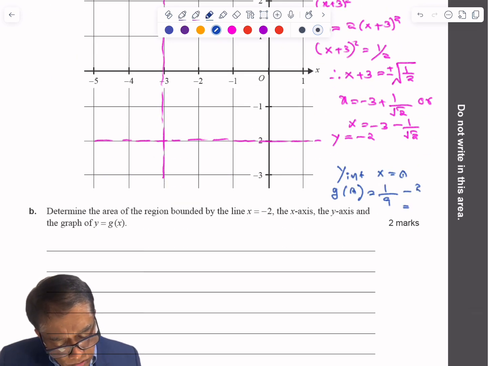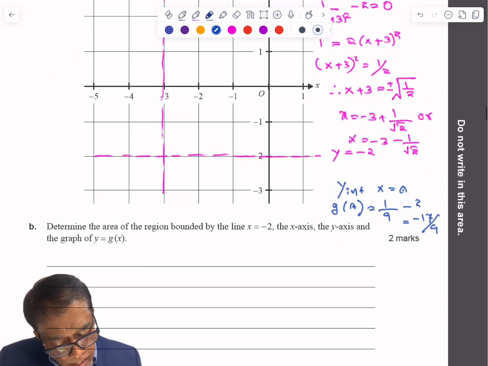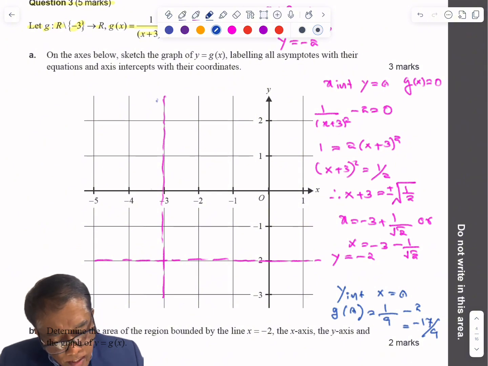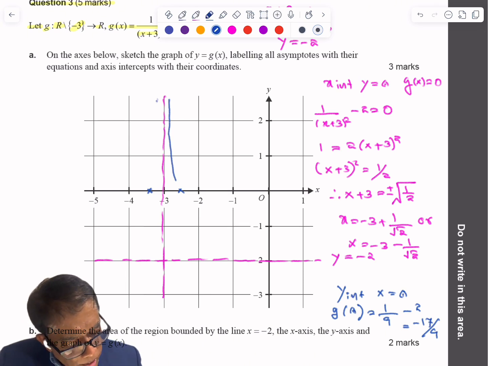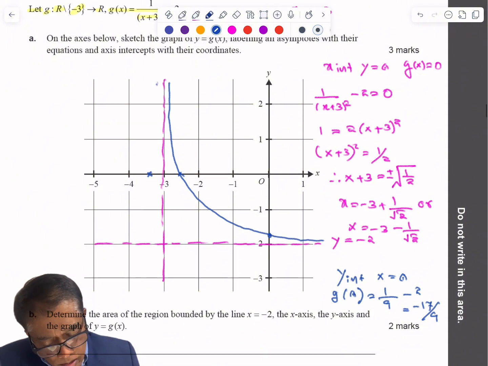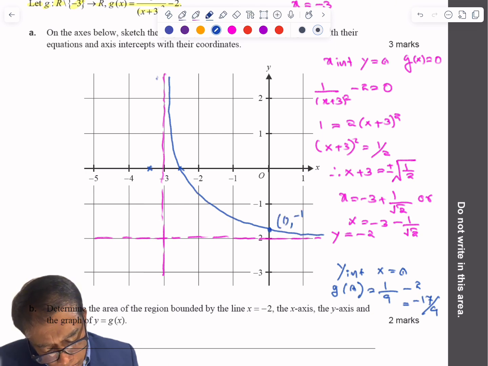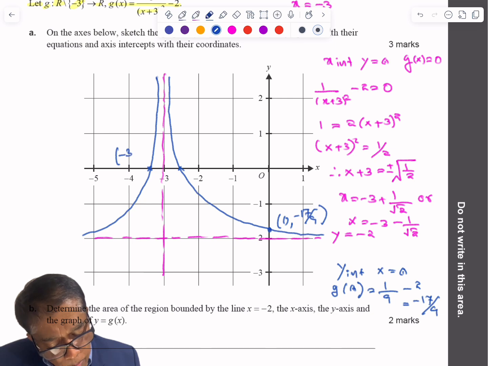So the y-intercept is (0, negative 17 on 9). The x-intercepts are negative 3 minus 1 over root 2, 0, and negative 3 plus 1 over root 2, 0.